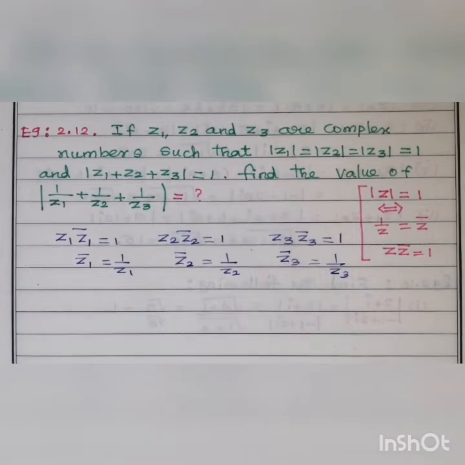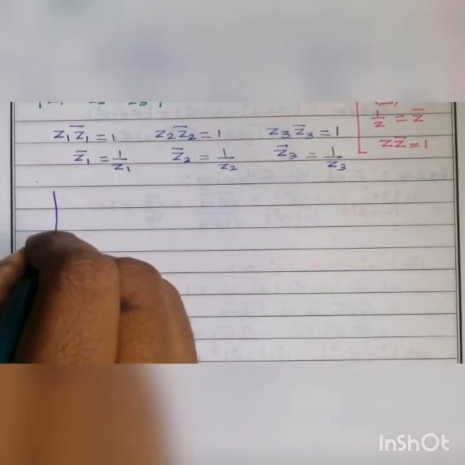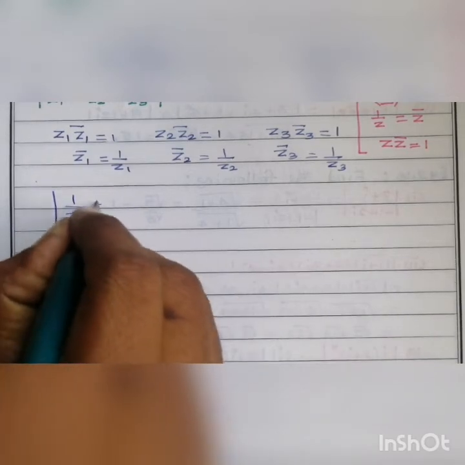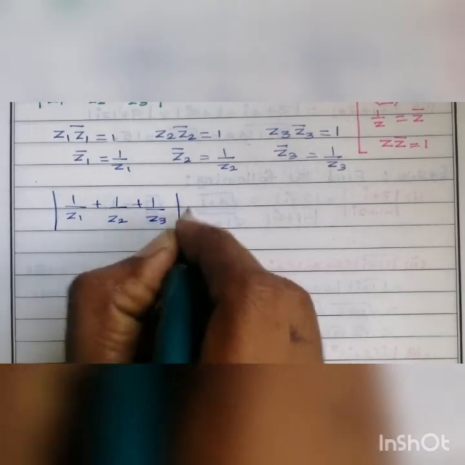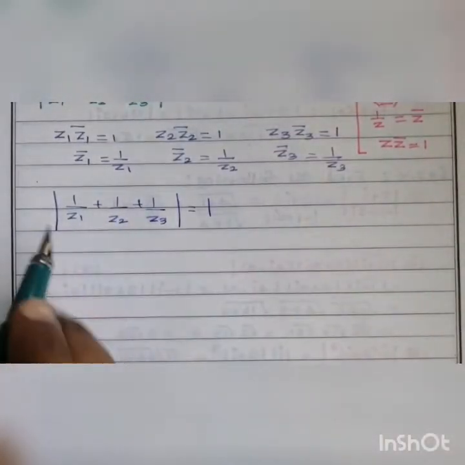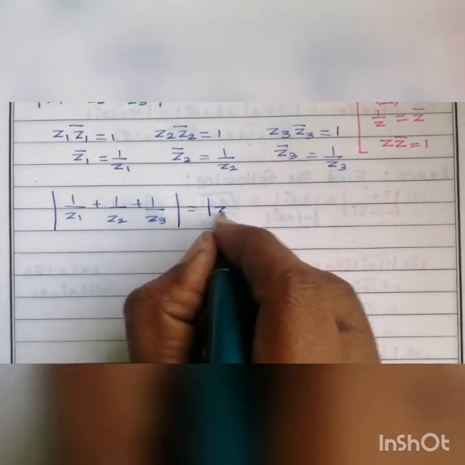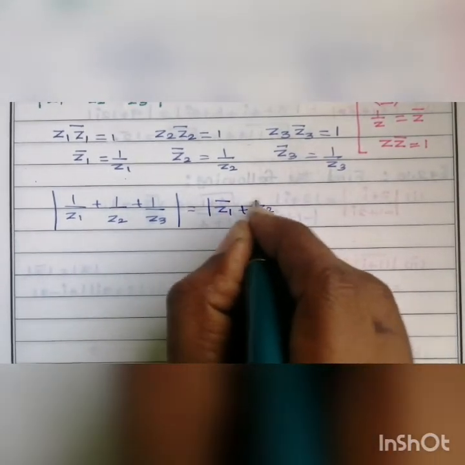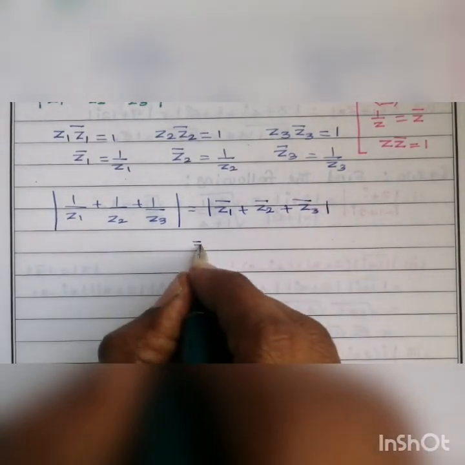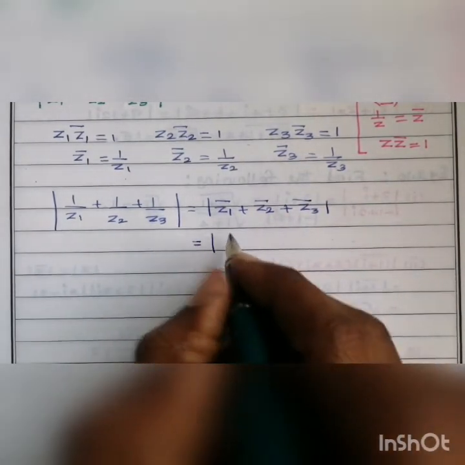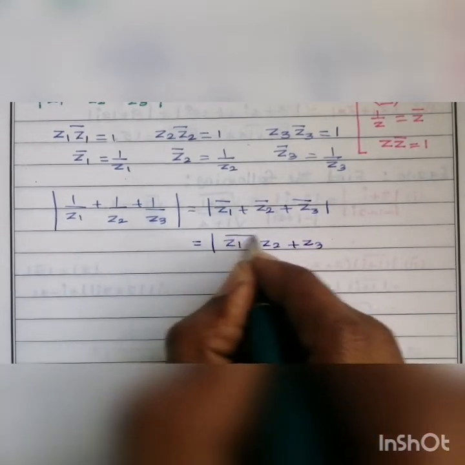Now, the given question is modulus of 1 by z1 plus 1 by z2 plus 1 by z3. That is equal to modulus of, now 1 by z1 is nothing but z1 bar, so z1 bar plus z2 bar plus z3 bar. After then, taking conjugation, z1 plus z2 plus z3 the whole bar.